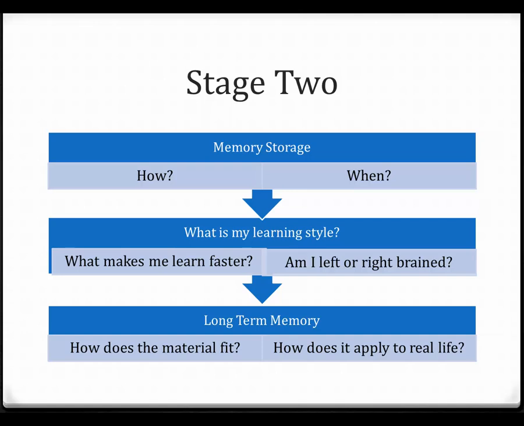You're asking, what makes this child learn? Is this child a left brain? Is this child a right brain? How do we get this material into their long-term memory so that the child can retrieve it and bring it back?